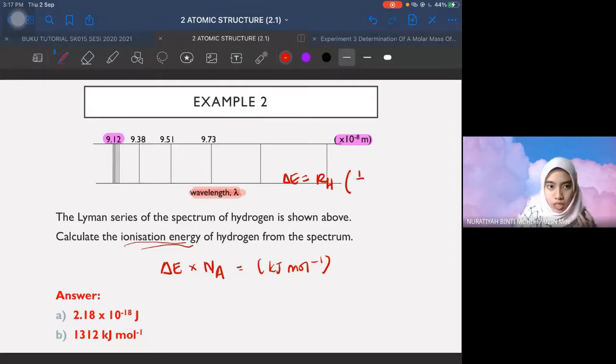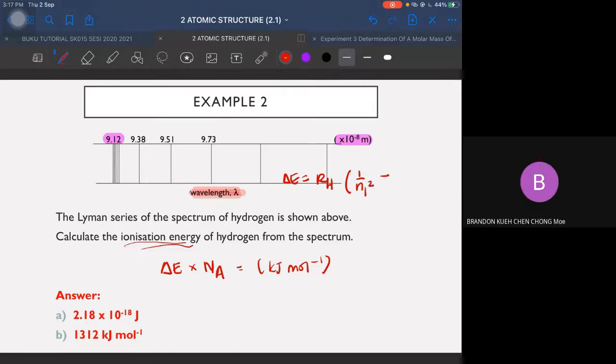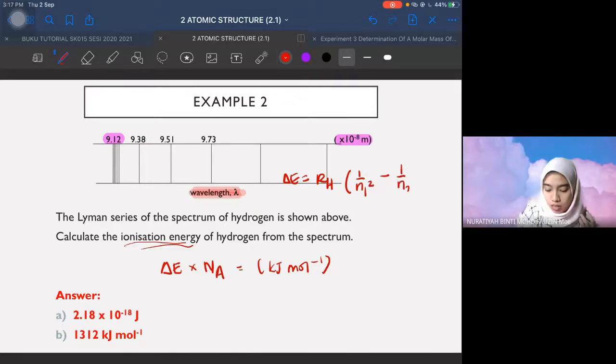Dapat jawapan sama ke kalau macam tu? Dapat. Dapat? Okay. Ya. Okay, good. Okay, maksudnya awak boleh guna yang tu jugalah. Delta E equals to hc over lambda, where your lambda is 9.12 times 10 to the power of negative 8 meter. Okay, so masukkan je atau guna yang ni pun boleh.